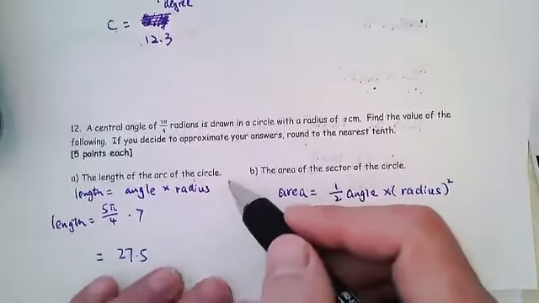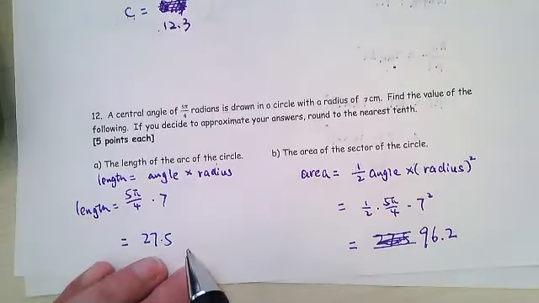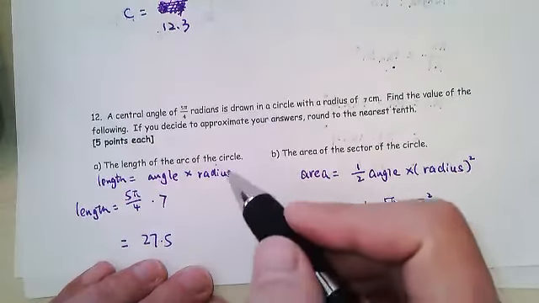Professor, I actually had a question on that one. Yes, please. In the question, it says if you decide to approximate, round the answers to the nearest tenth. I left mine as 35 pi over 4 centimeters. When I typed that into the calculator, it does round to 27.5. Would it be okay if I left it as 35 pi over 4? Okay, I understand your point.